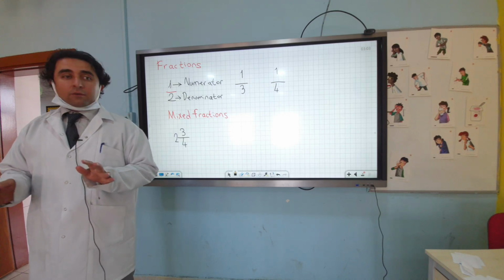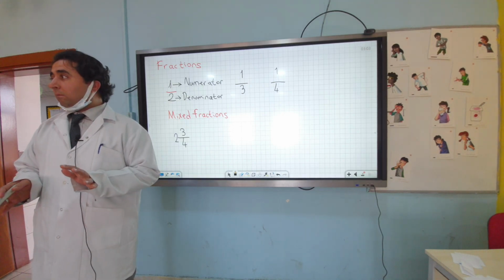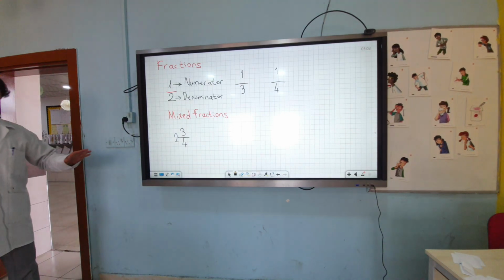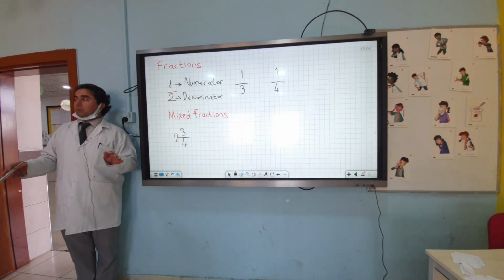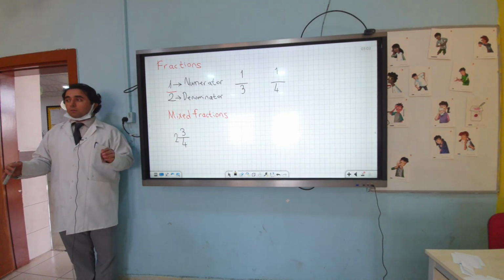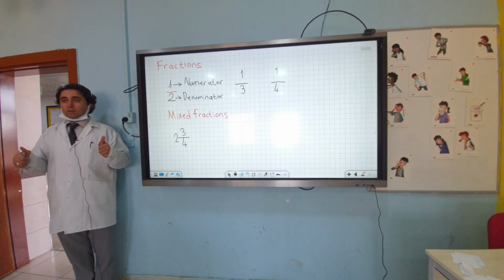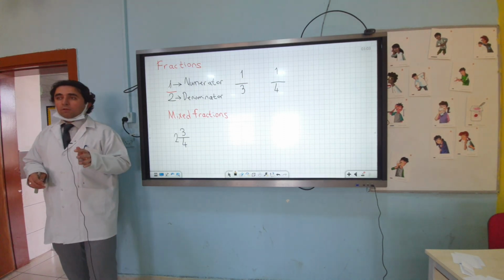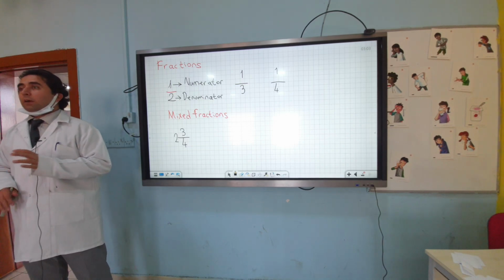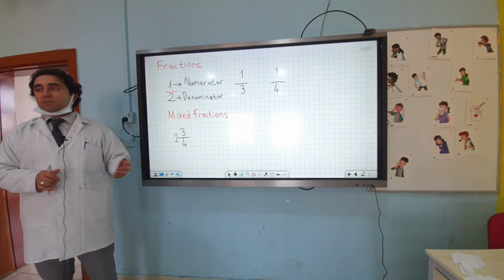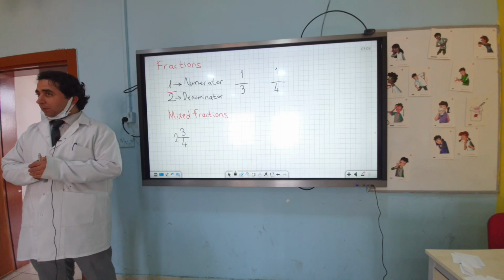Have you finished writing? Can you see it now? I finished too. Okay, good. And now, for a better understanding, we are going to represent mixed fractions with our small papers.